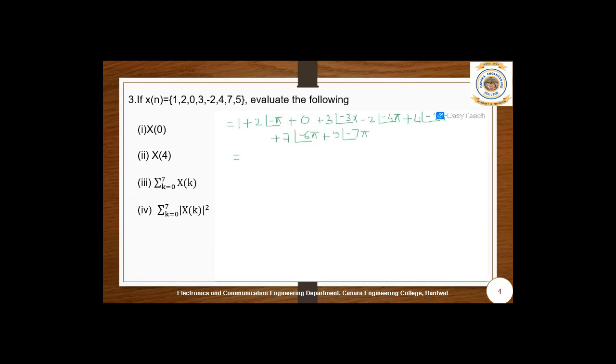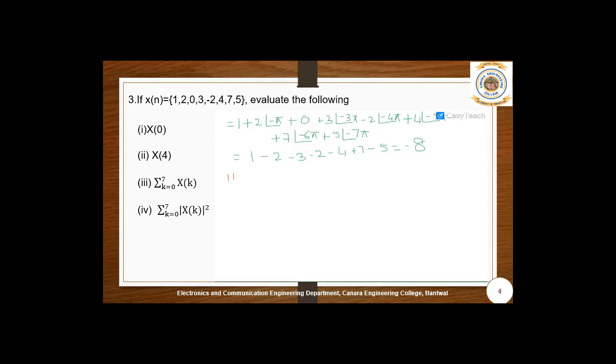Further simplification gives me 1 minus 2 minus 3 minus 2 minus 4 plus 7 minus 5, that is equal to minus 8. We'll go to the third part of the problem.